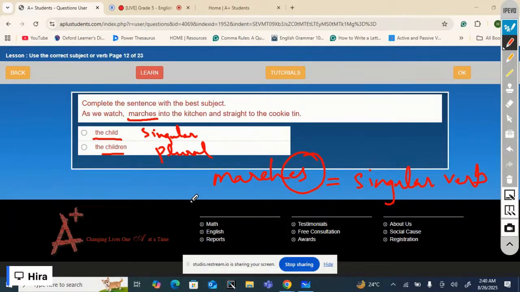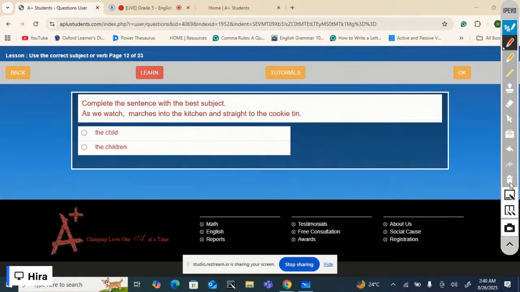Right? So if the verb is singular, we are going to choose a singular subject, and that is the child. Option 1. The child marches into the kitchen and straight to the cookie tin.